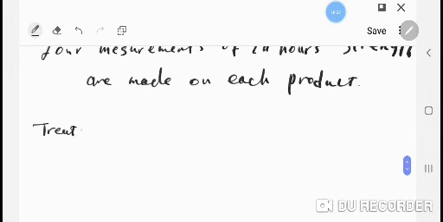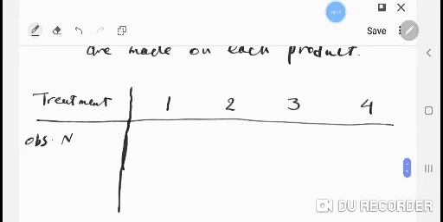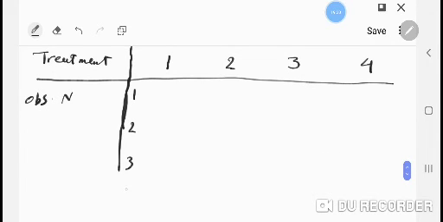Treatment 1, original composition of cement, and the mix compositions. Observation number 1, number 2, number 3, and number 4.